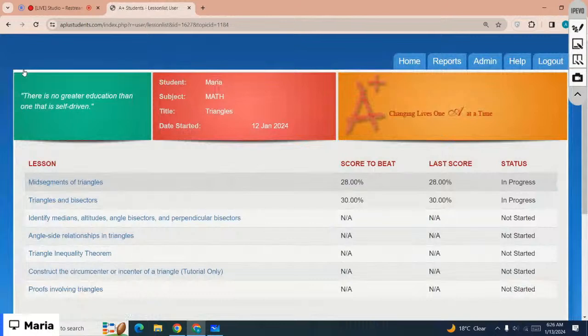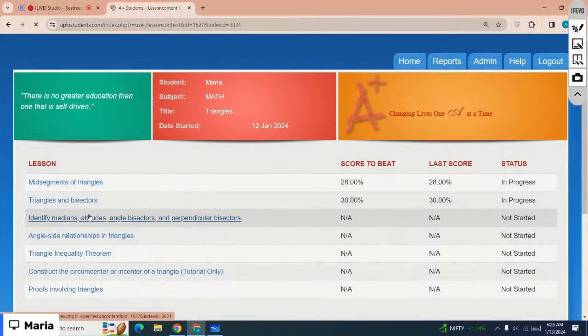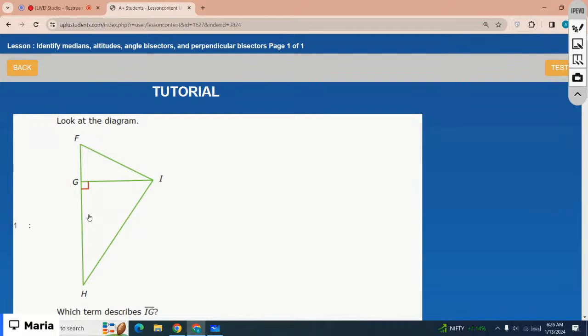Okay, the next lesson is identify medians, altitudes, angle bisectors and perpendicular bisectors. Look at the diagram.